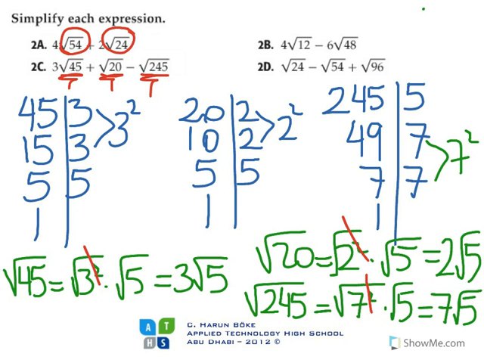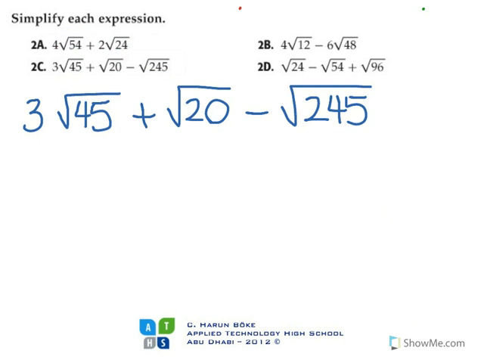So, substituting these simple forms into the given expression, we have square root of 45 plus square root of 20 minus square root of 245. Now let's substitute.